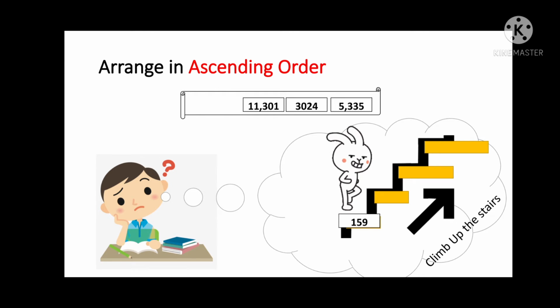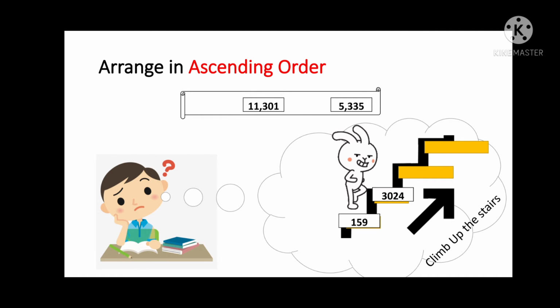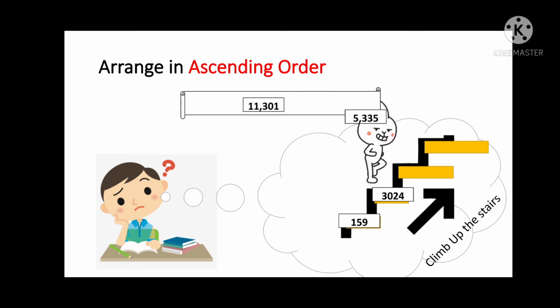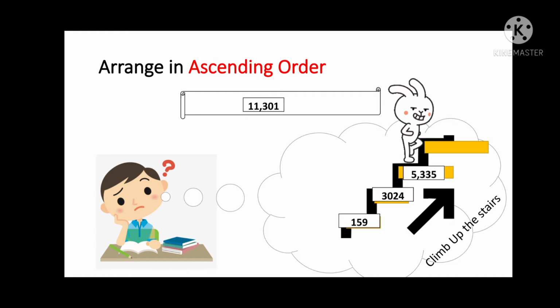The smallest value number here is 159. The second smallest, 3024. The smallest after that, 5,335. And then the biggest number in there, 11,301.